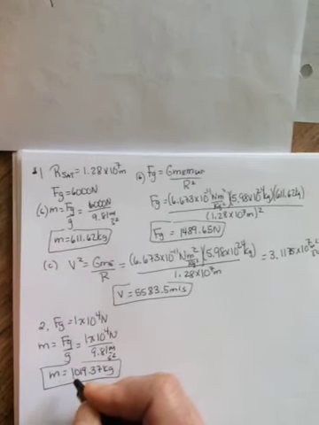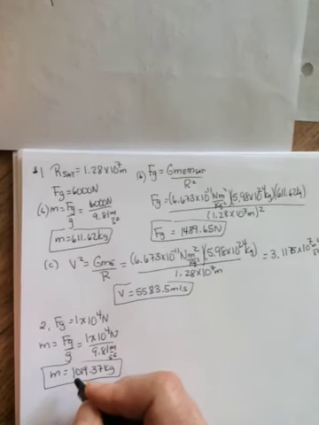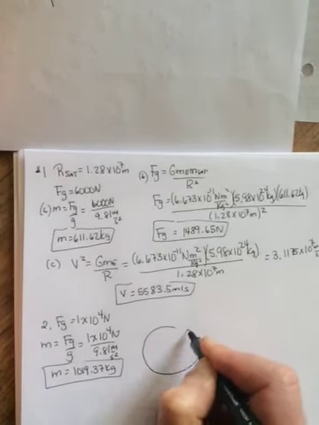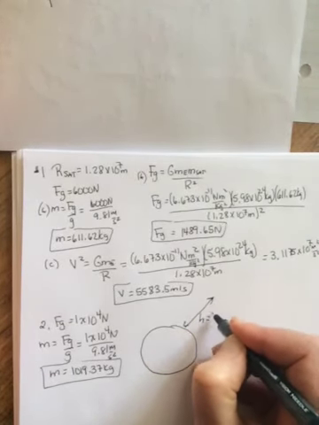So a satellite which weighs 1 times 10 to the 4th newtons on the surface of the Earth is put into circular orbit 7.05 times 10 to the 8th meters above the Earth's surface. So that's our height.